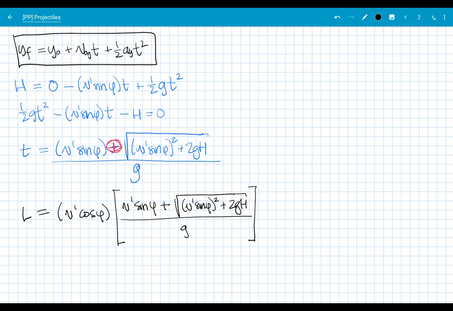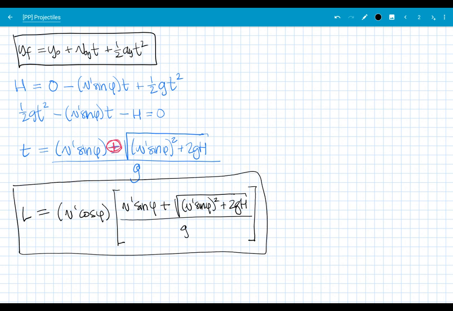There we go. So that is my final expression in terms of givens for L, because we were given phi, we're given V prime, and we're given h. g is a constant, so we can consider that to be given.